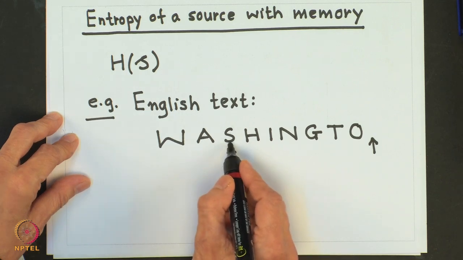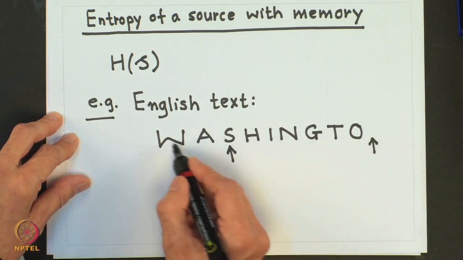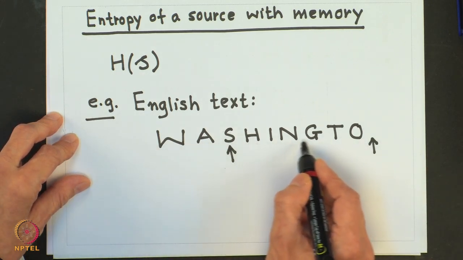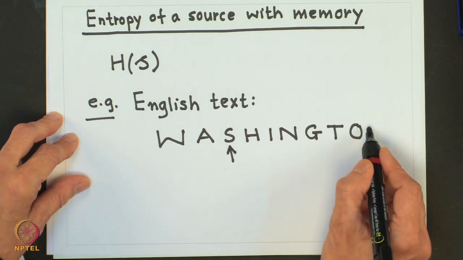So, at this position I have observed W and A, and at this position I have observed all these text letters. So, I know that most likely here it is going to be N, correct. So, it is intuitively correct to say that the amount of uncertainty decreases with the number of past observed samples.